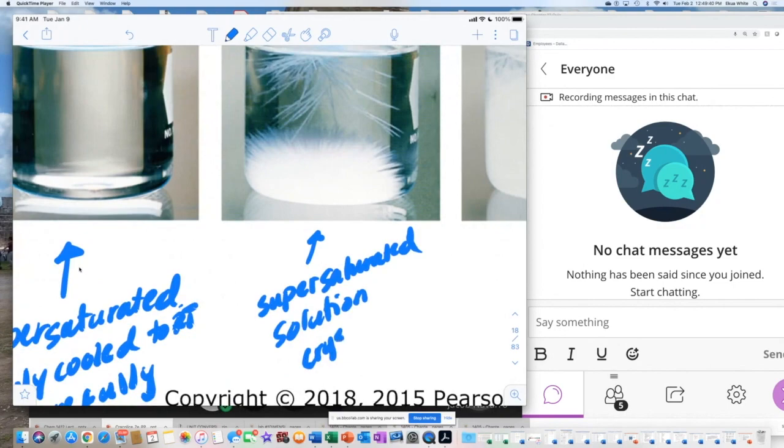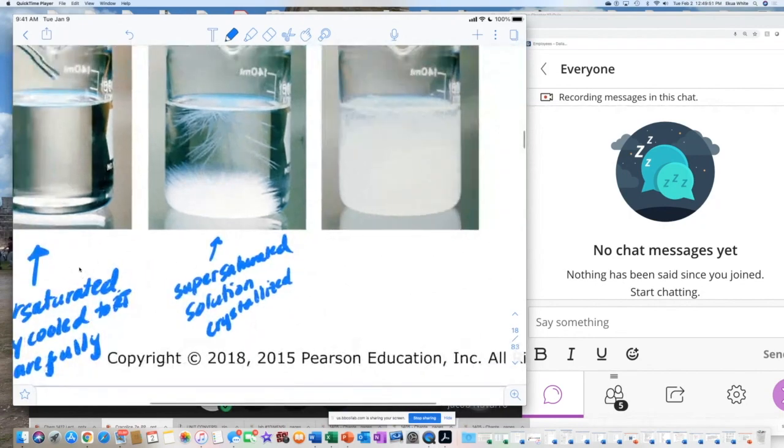It crystallizes. It starts to dump out of solution that extra 15 grams it was forced to hold. And so here you get a crystallization.